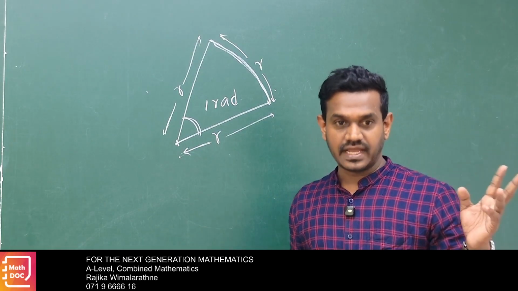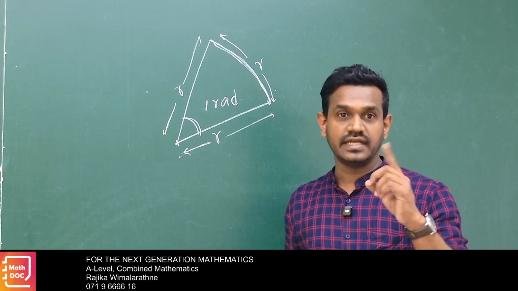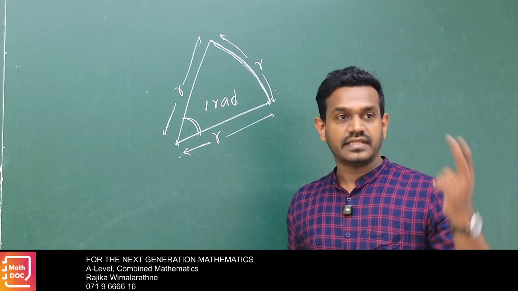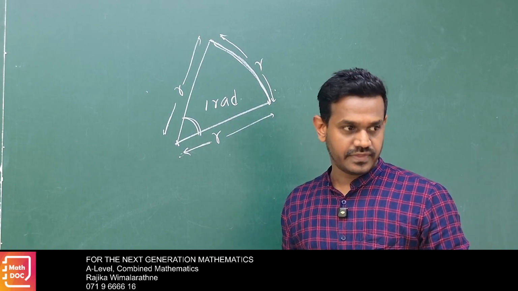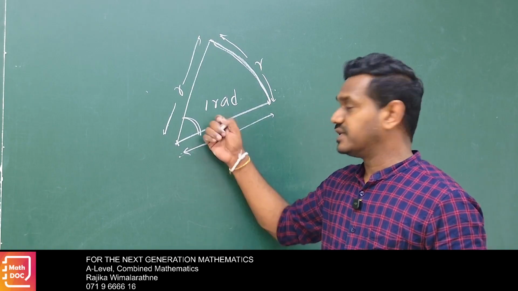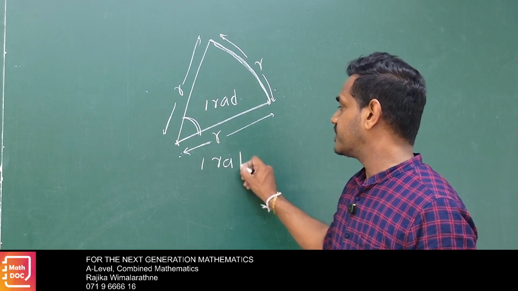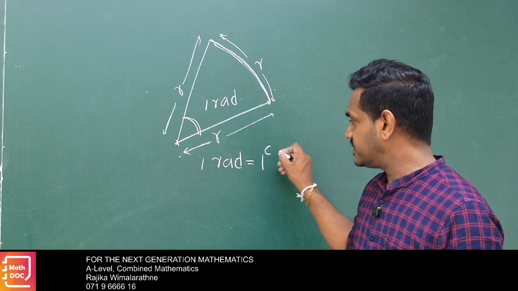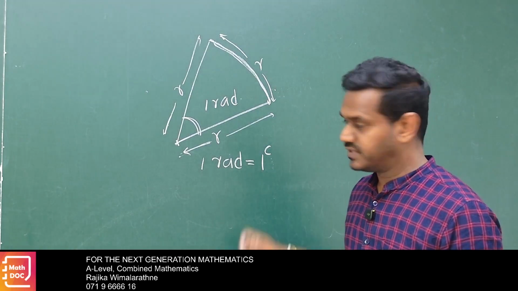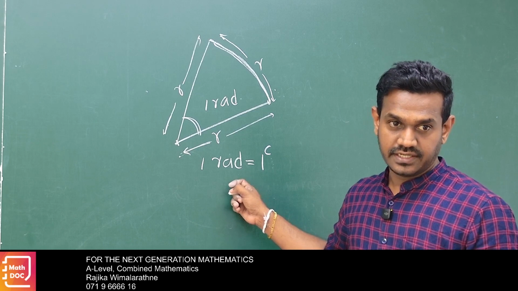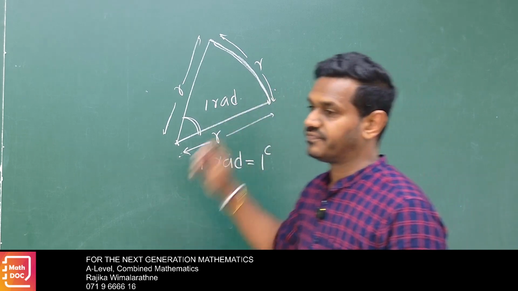That is somewhat big, but 1 degree is somewhat small, no? 1 minute is very small, 1 second very small. But a radian is somewhat big. Therefore 1 radian we usually denote by 1c, also a possible notation. 1c or 1 rad, but you better use the rad notation. Just sketch this one.